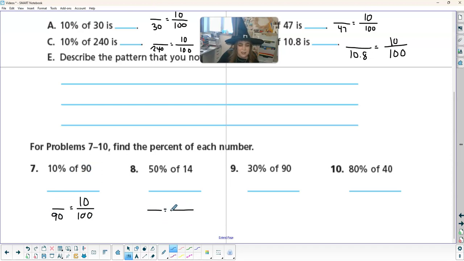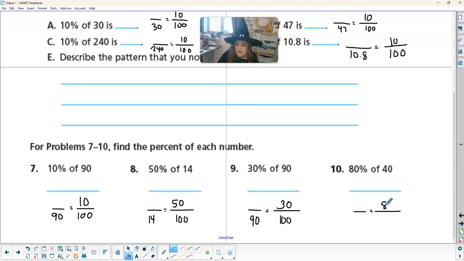And then this one here, we have 50%. What is out of 14? This one, we want 30% out of 90. So 30 times 90 divided by 100 to solve that one.